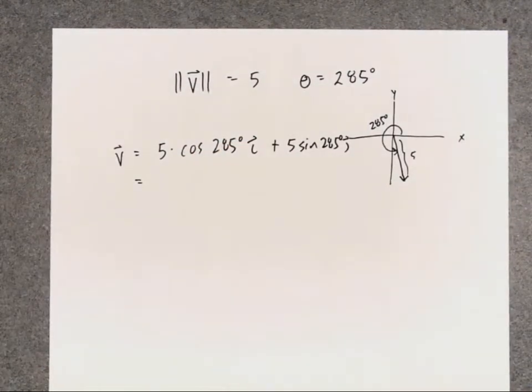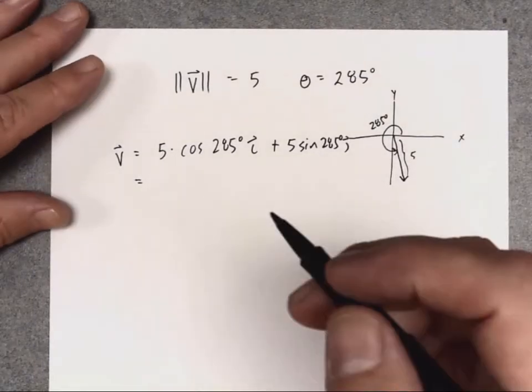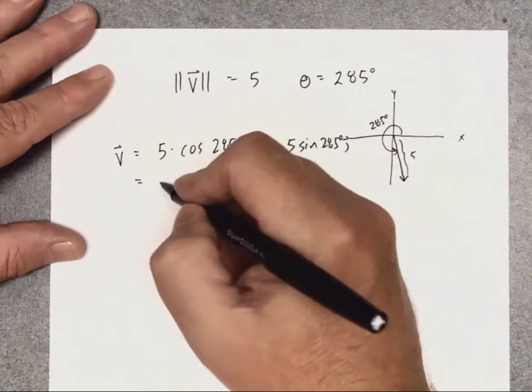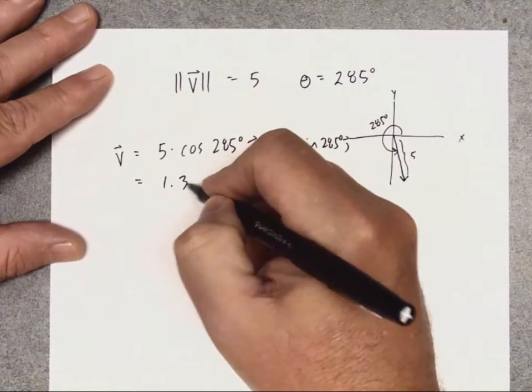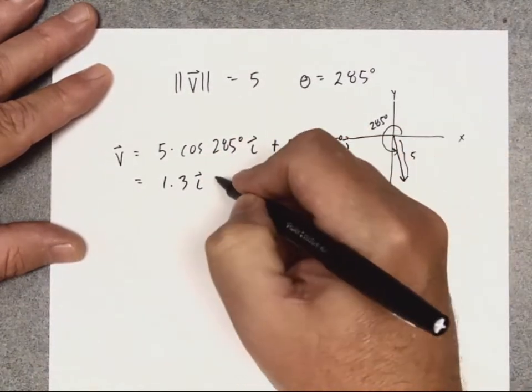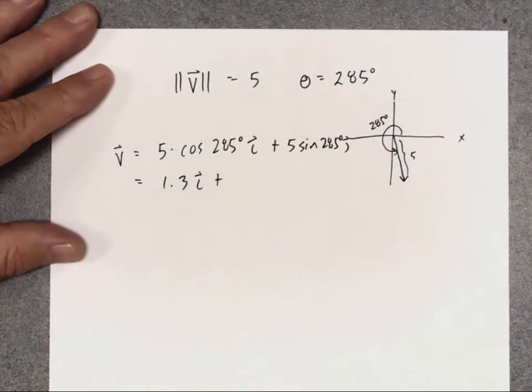So the nice thing is, no having to think about it and figure out what quadrant I'm in. Cosine of 285 times 5 equals 1.3 i, and then the sine of 285 times 5 equals negative 4.8 j.